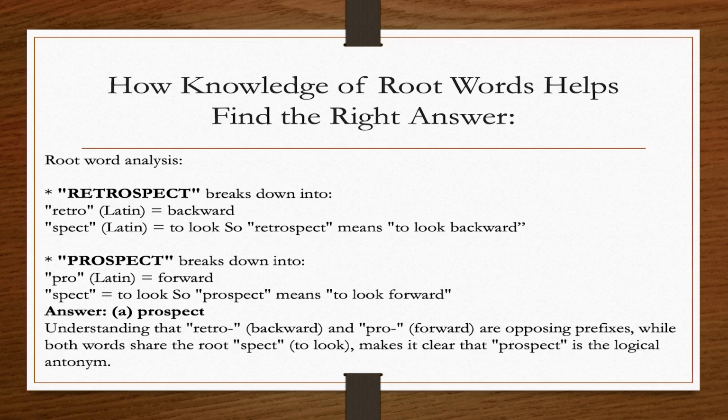So prospect means to look forward. So the answer is A, prospect. Understanding that retro, backward, and pro, forward, are opposite prefixes, while both words share the same root, spect, makes it clear that prospect is the logical antonym of retrospect.